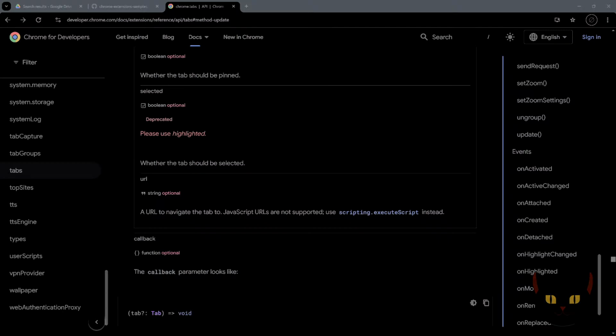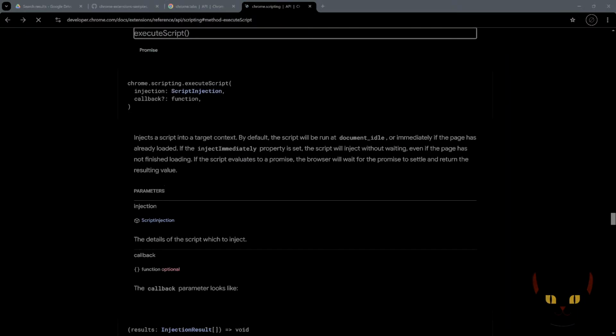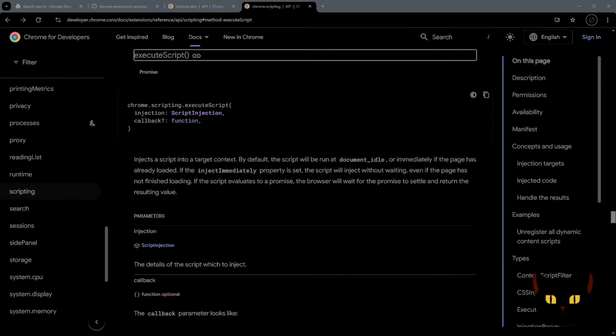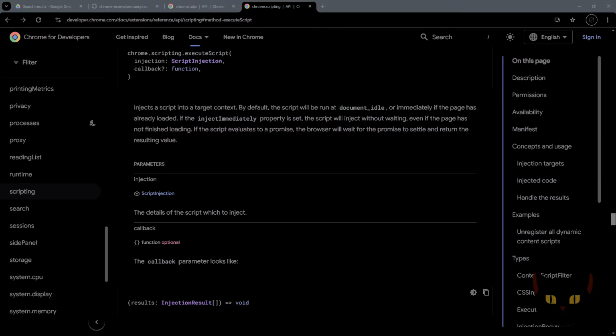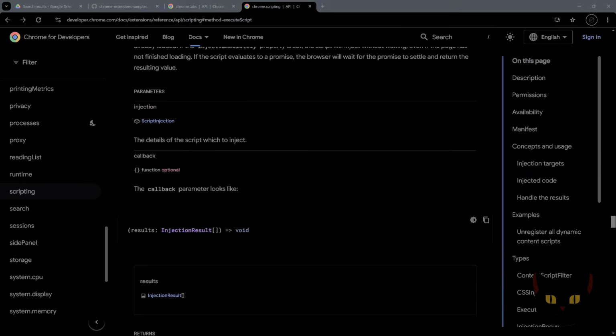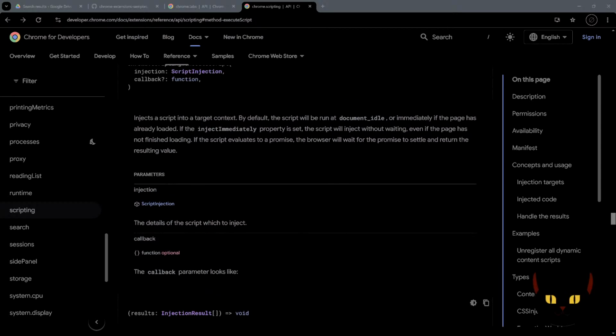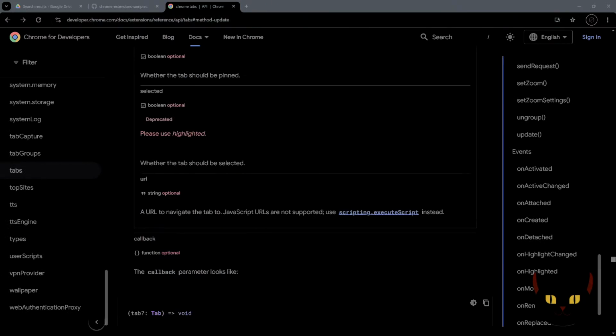URL. I'm not sure what the difference between a JavaScript URL and a... Oh, I see what it means. It seems like it means not a URL from a script, a URL to a script, which is not what I mean.